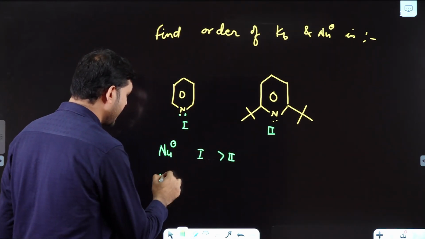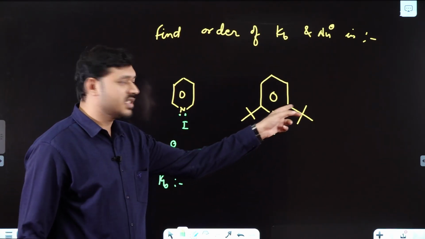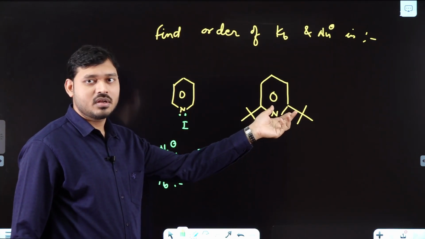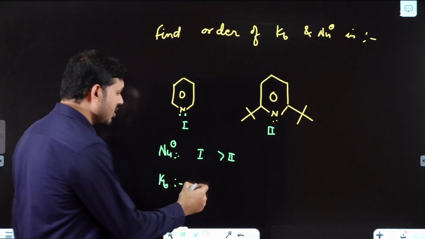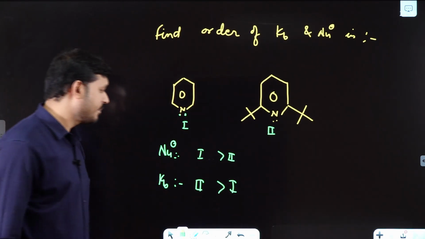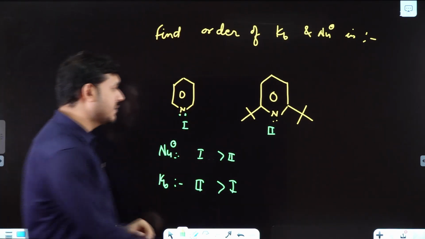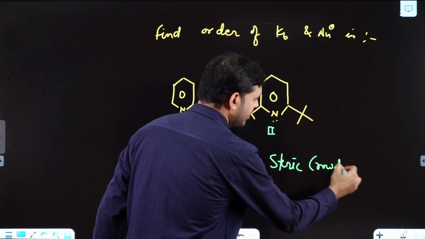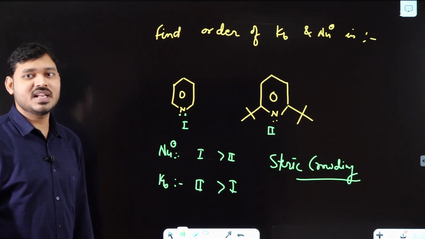But for Kb, basicity, what will happen? Due to these three methyls, the electron density will also be increased here, because it has to just attach to H plus only. So for basicity, Kb will be second greater than first, but nucleophilicity will be 1 greater than 2. The reason is steric crowding.